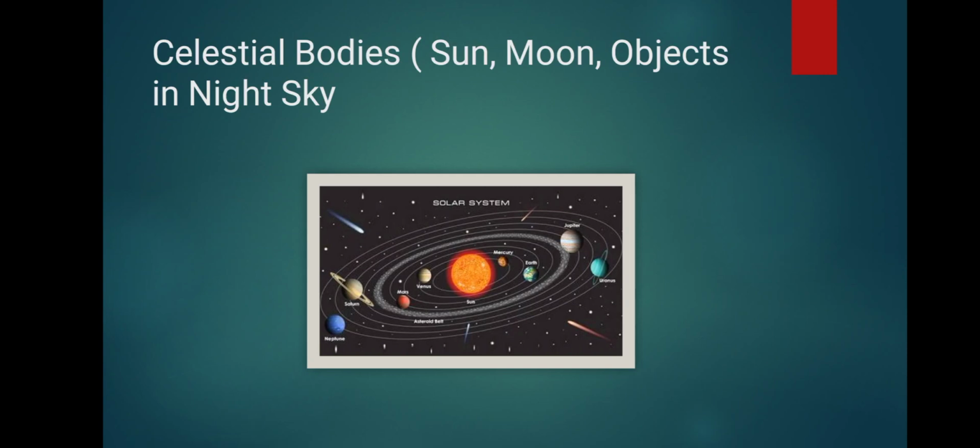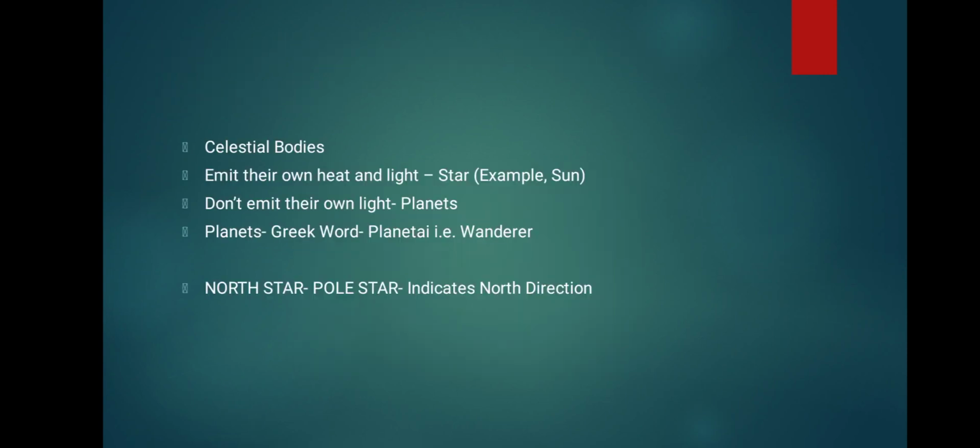Now if we talk about celestial bodies, stars have their own heat and light. Example, we already have the sun. Other celestial bodies like the planets do not have their own light.